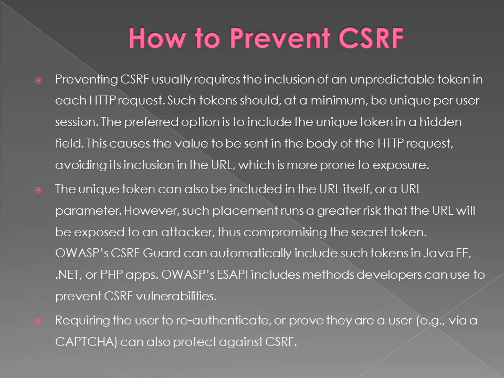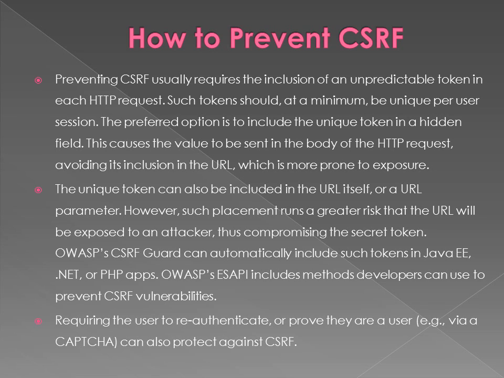This causes the value to be sent in the body of the HTTP request, avoiding its inclusion in the URL, which is more prone to exposure. The unique token can also be included in the URL itself or a URL parameter. However, such placement runs a greater risk that the URL will be exposed to the attacker, and this compromises the secret token, the unique token.